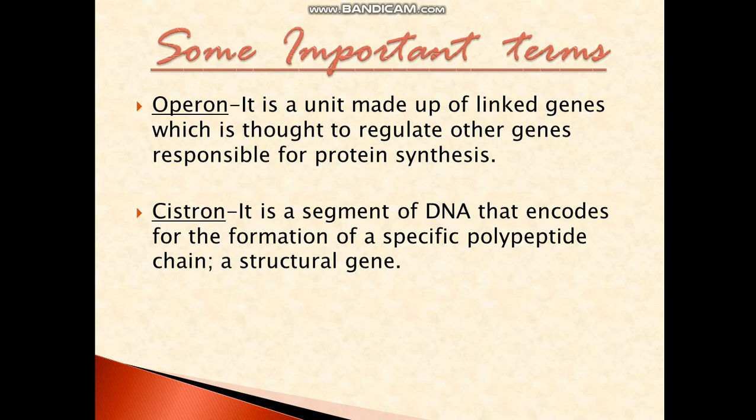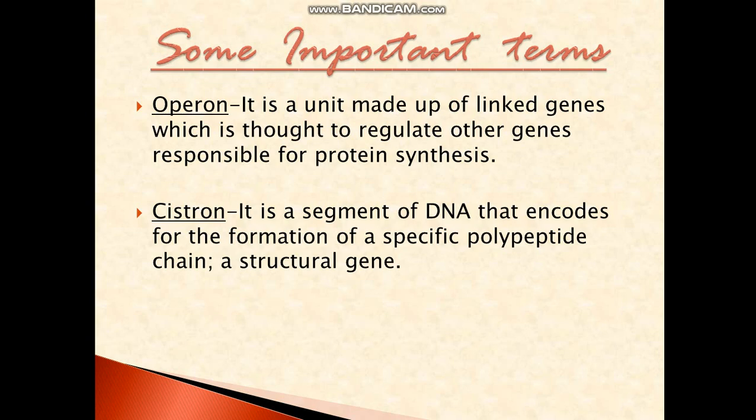Further in this chapter we shall be discussing these two types of operon concepts. The first concept will be inducible operon. Inducible operon is the same, as I told you just now, induction takes place in inducible operon. And the second one will be repressible operon, in which the repression, the stopping, no synthesis, turning off of the cistron takes place.